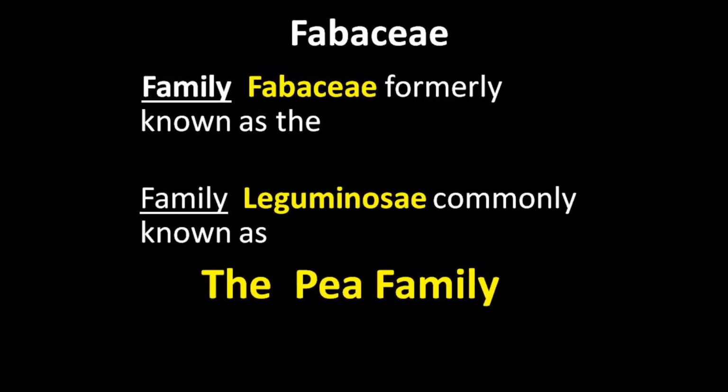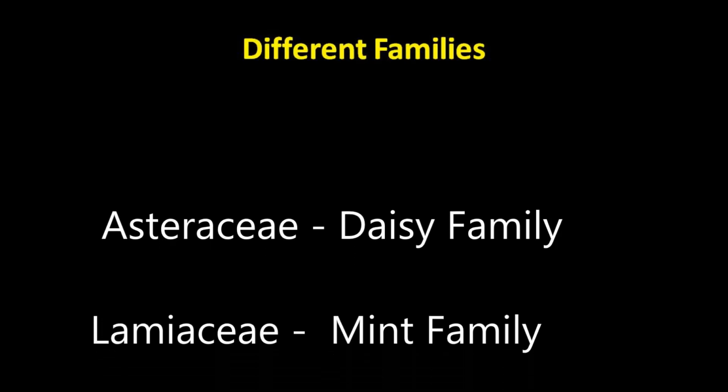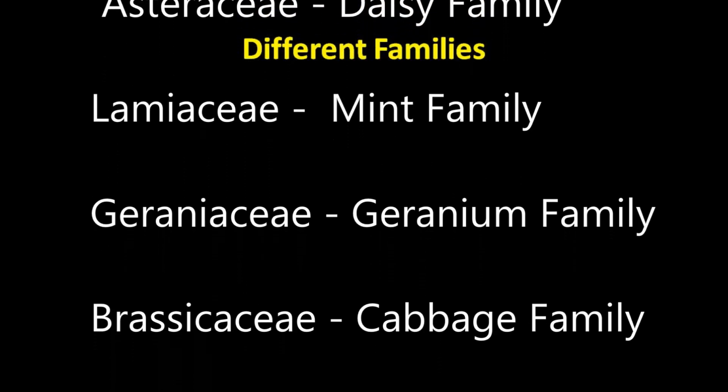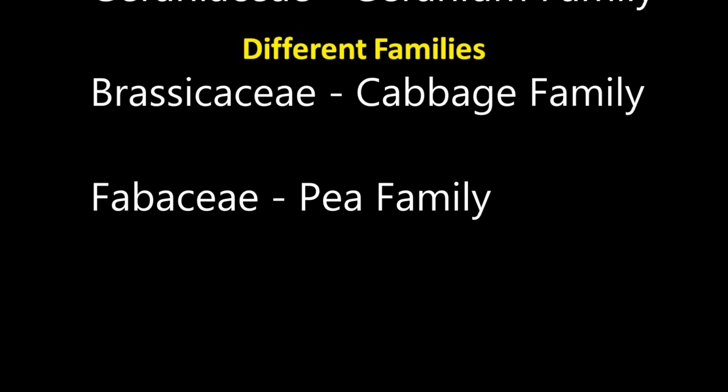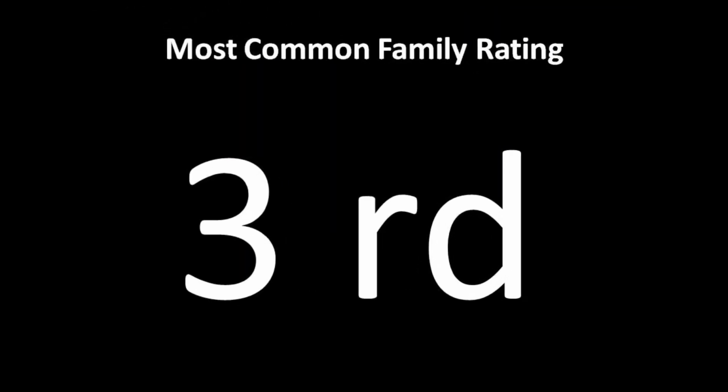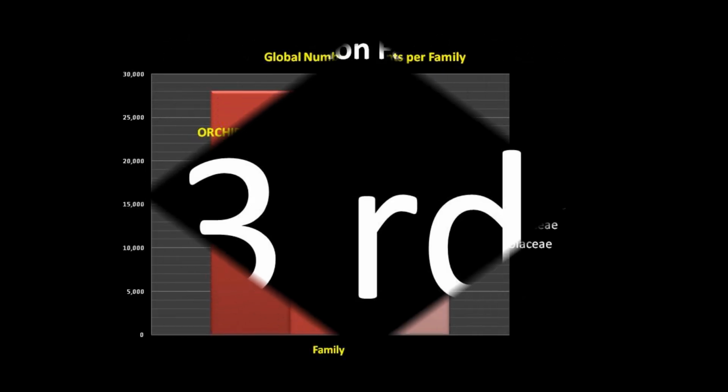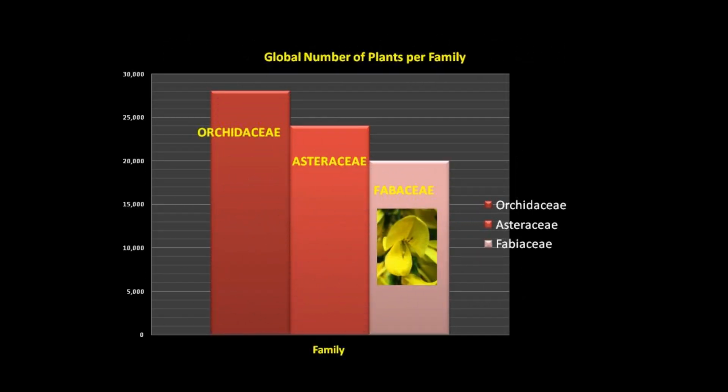In today's episode we will be looking at the Fabaceae, which was formerly known as the Leguminosae, or the legumes, or in simple plain English, the pea family. In the plant kingdom there are many families, of which the Fabaceae are the third largest family in the world, next to the Orchidaceae and the Asteraceae, as can be seen on the slide.